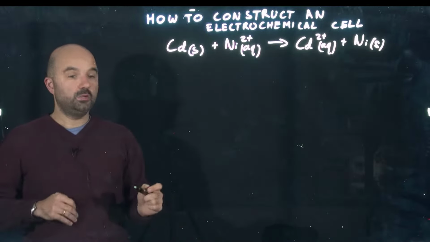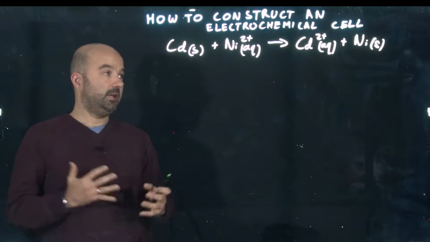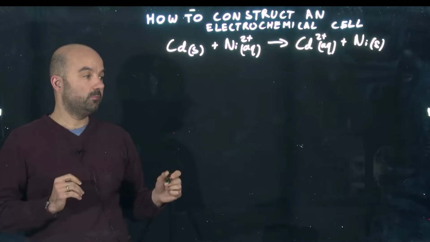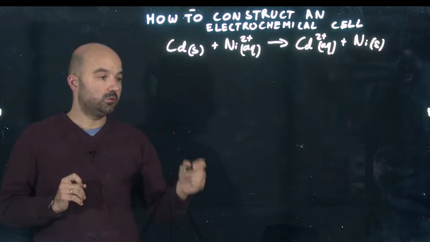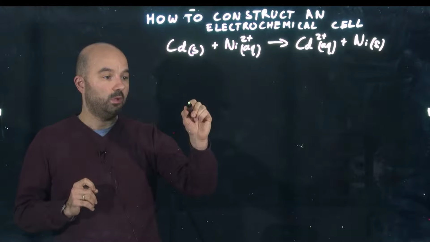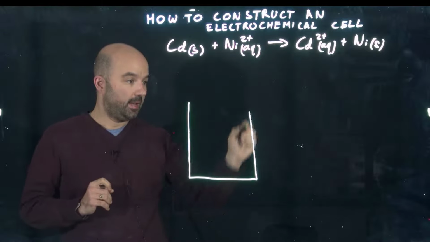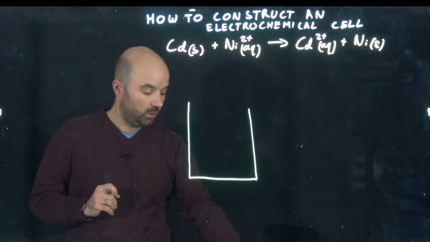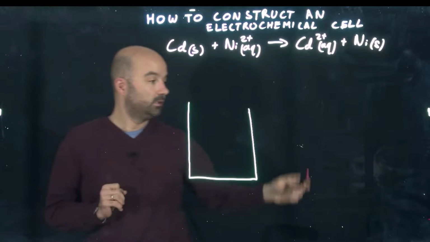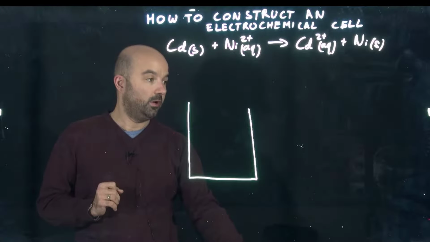And what we need to do is to construct an electrochemical cell which will have two compartments. So I'm going to use the green colour to have one side of our electrochemical cell, and I'm going to use a pinker colour to describe what's going on in the other side.